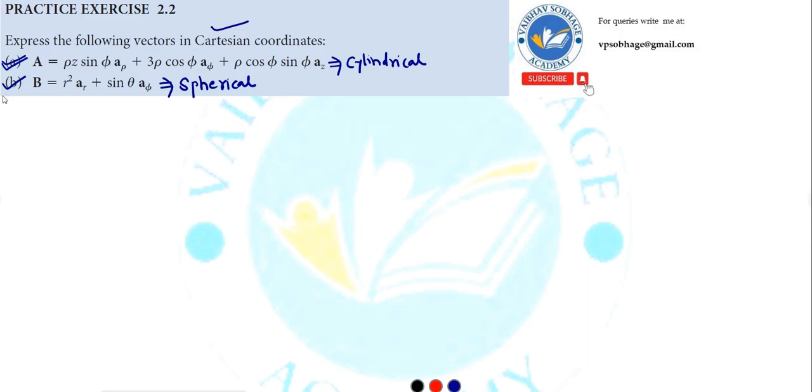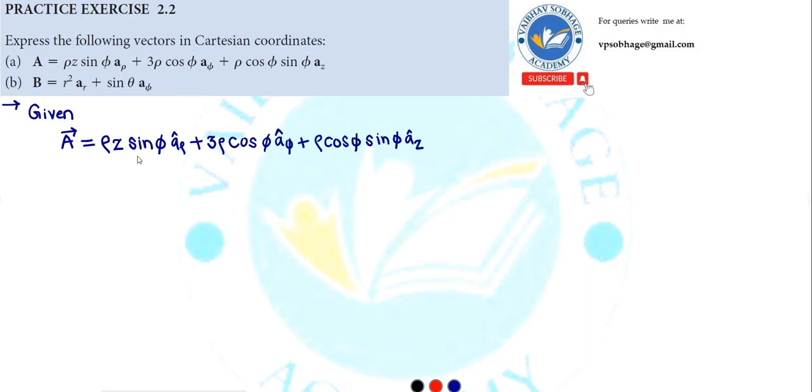So we will start with what is given to us. We are given vector A, which is expressed in cylindrical form, and I am going to call this equation 1 for reference. Next, if we write the given vector A in terms of its components in cylindrical form, we can rewrite it as A rho rho cap, plus A phi phi cap, plus A z z cap.